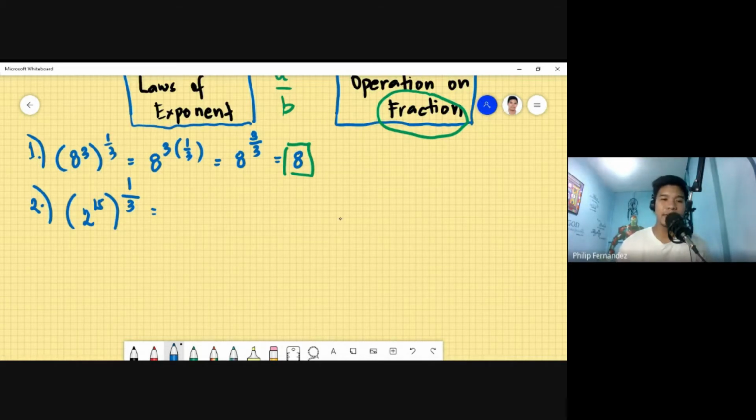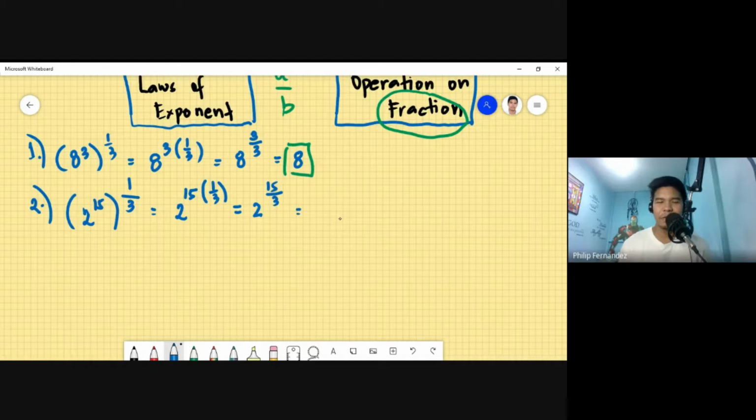So, we copy the base 2. And then, the exponent inside the parenthesis, which is 15, multiplied to 1/3. And then we simplify. We multiply 15 to the numerator. So copy the base 2. 15 times 1 is 15 over 3.